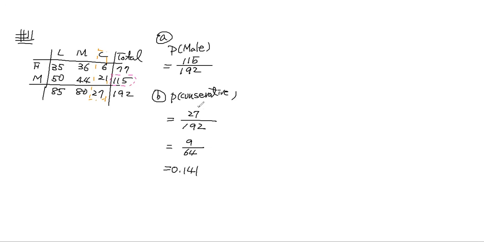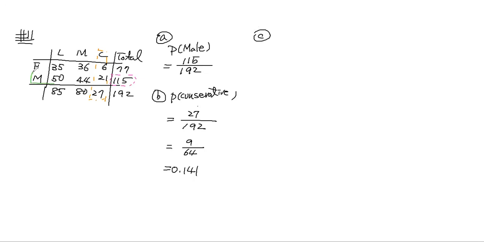Okay, so now let's see part C here. Part C is what percent of the male in Richmond think about themselves to be conservative. So what percent of the male, right? That means you are concentrated on here.